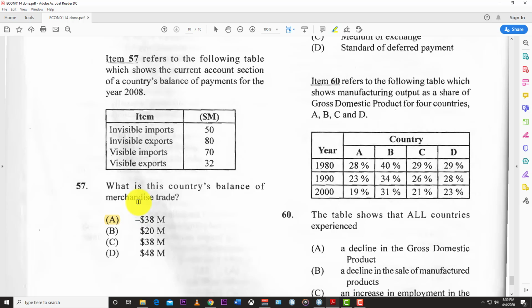The merchandise trade is just about the visible, not the invisible. So that's the 32. I always say it's exports minus imports, and so it's 32 minus 70, and so you get the negative 38.